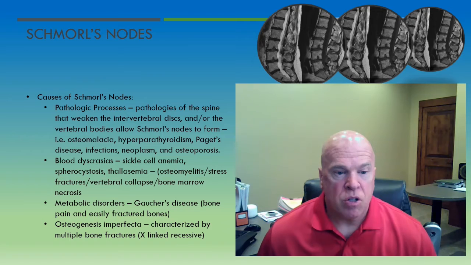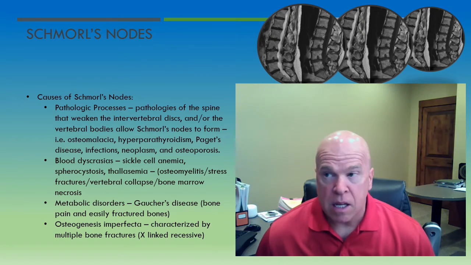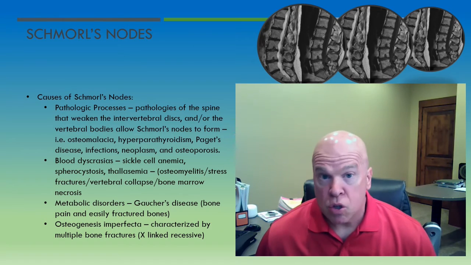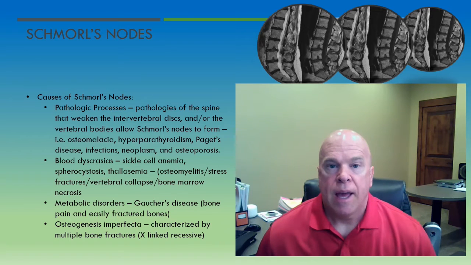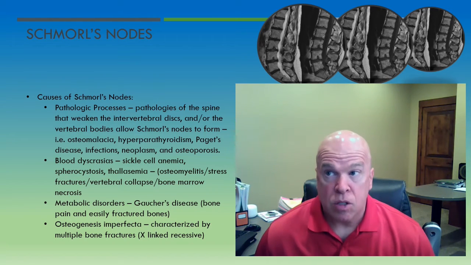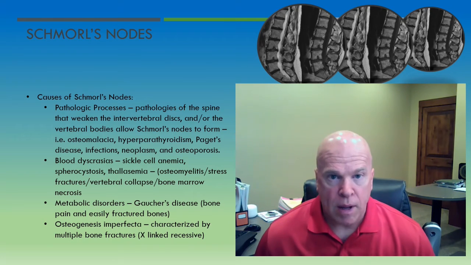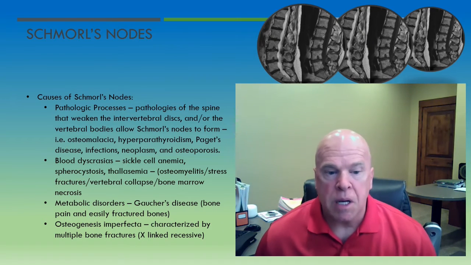So conditions such as osteomalacia, hyperparathyroidism, Paget's disease, infection, neoplasms, and osteoporosis, any of these bone weakening conditions can create a situation where the vertebra is less resistant to axial forces and can fracture when axial forces overwhelm the weight-bearing capacity of those vertebral end plates. Blood dyscrasias such as sickle cell anemia, spherocytosis, thalassemia.